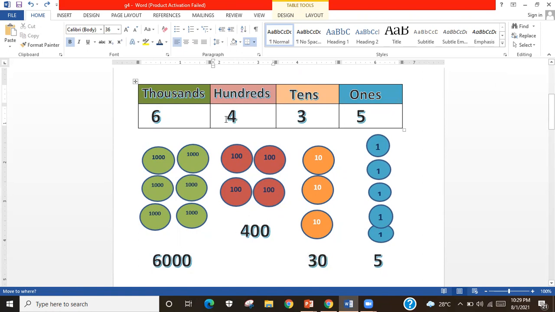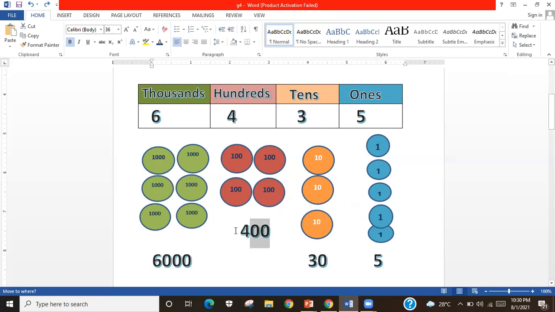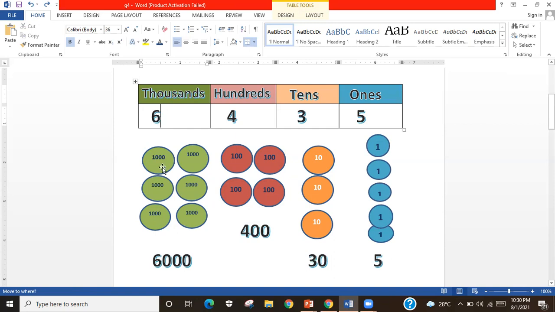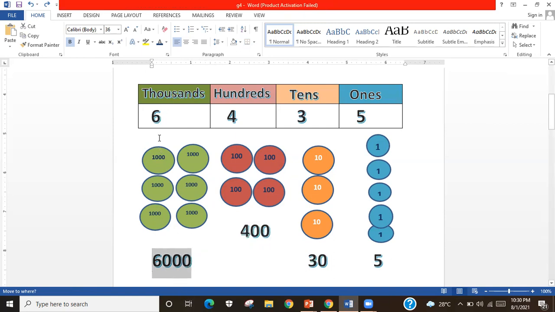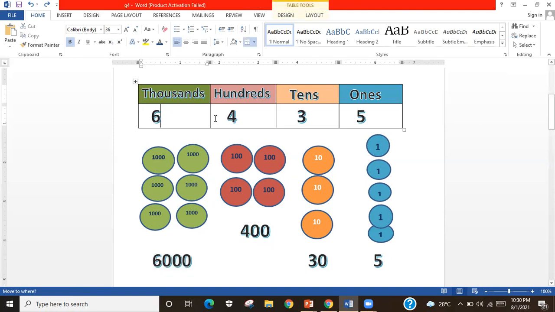That digit is 4, so you have 400. The fourth digit always counts as 1000. That means you have 6,000. So how will you count the 4 digits combined together?